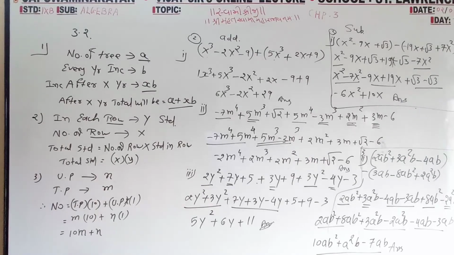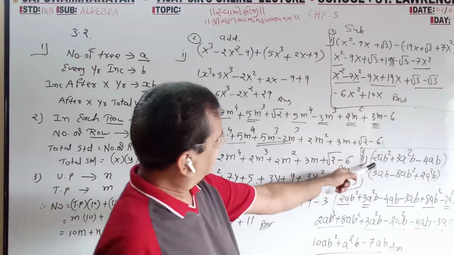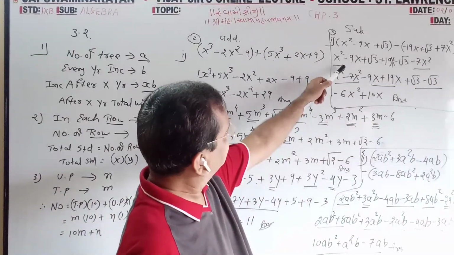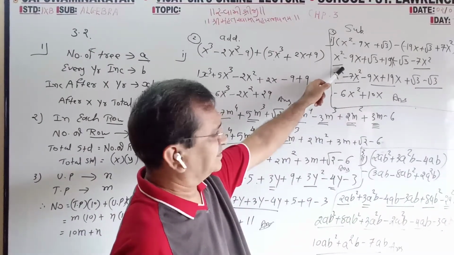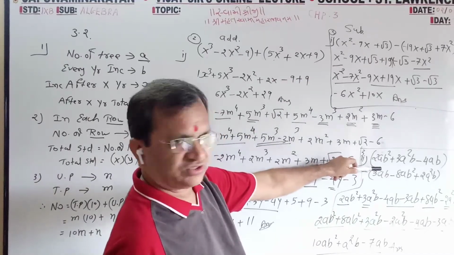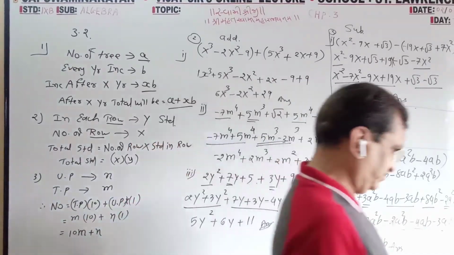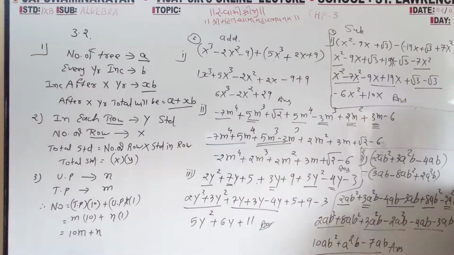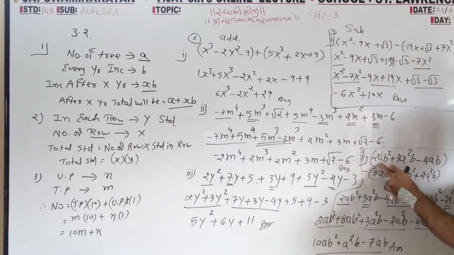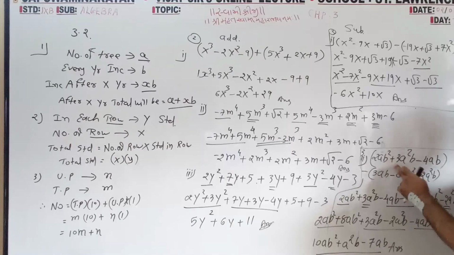Take the screenshot. This or this. See the powers: 2ab square plus 3a square b minus 4ab.